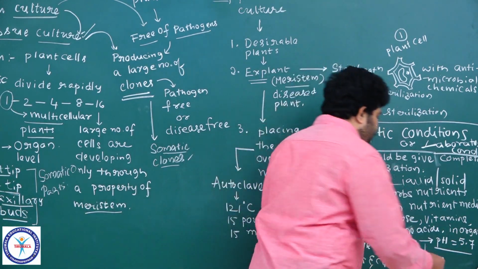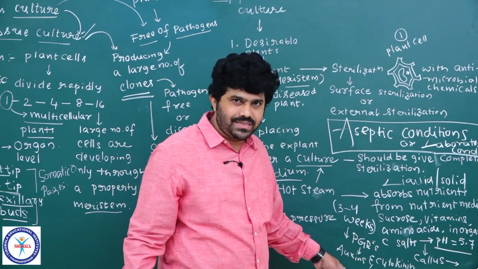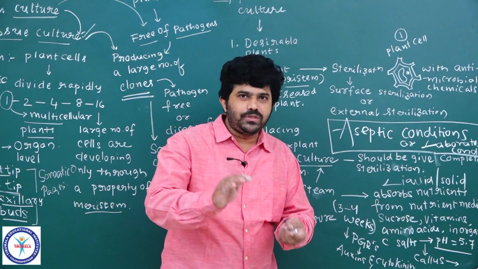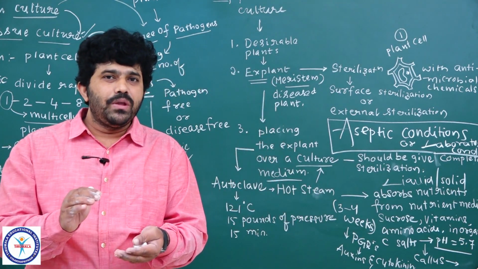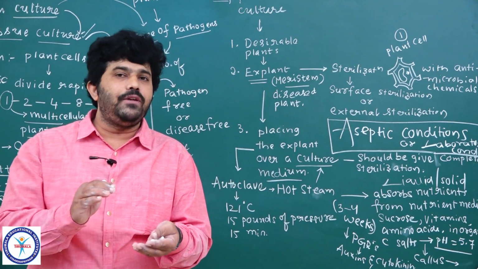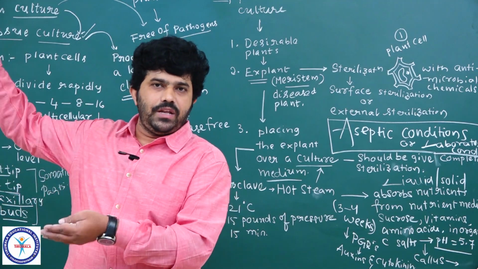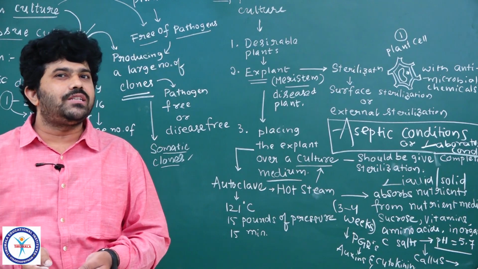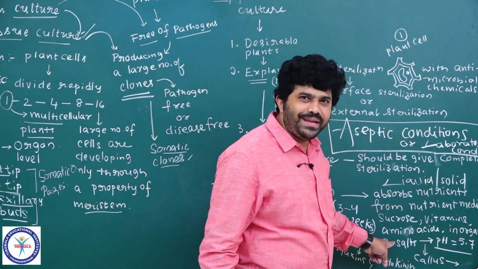From the callus we expect to produce, according to the concentration of phytohormones and the changing of nutrient media. Take a 2-year-old boy: his nourishment is completely different from a young boy's, and between 15 years old and 25 years old, where we observe the age difference, the requirement of nutrients is also different. In the same way, here only one cell we placed as explant on the nutrient media.